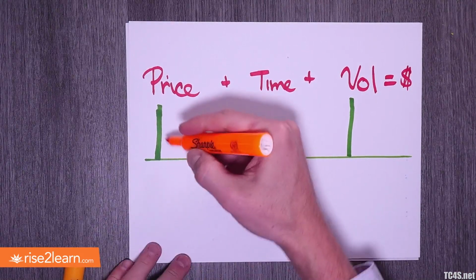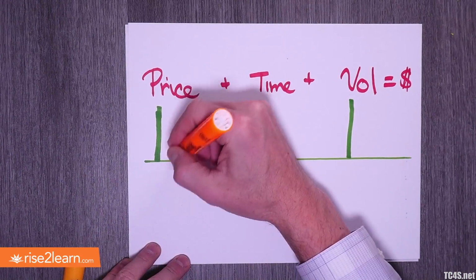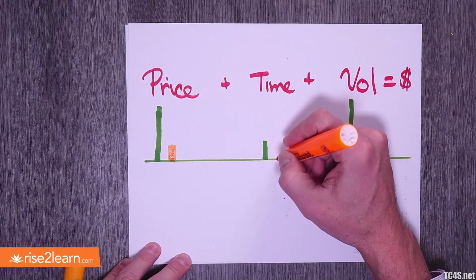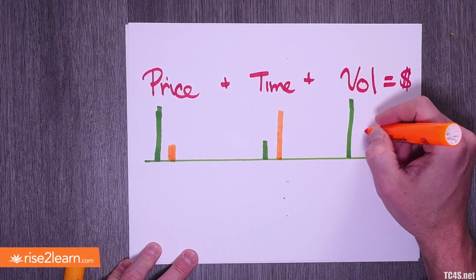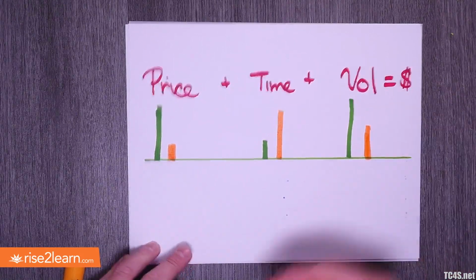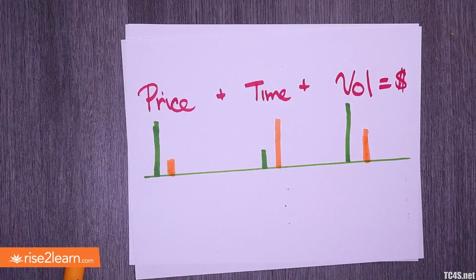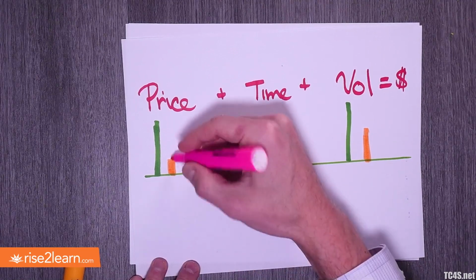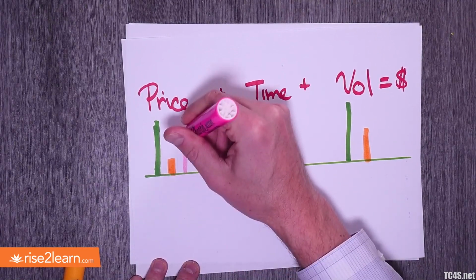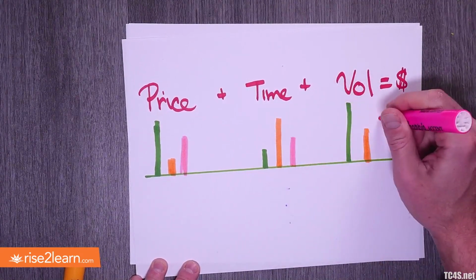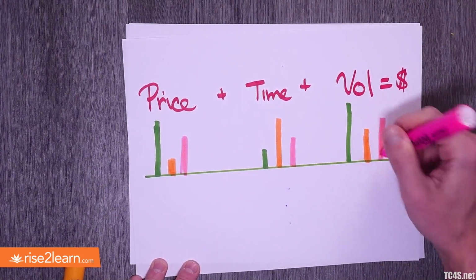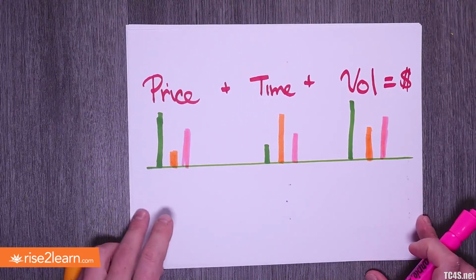Let's go to another one. Let's say another one has a very light delta, a really good time, and kind of so-so volatility. There's your other variation. Let's go to a different version. Maybe we've got a medium price, medium time, and a medium volatility. So they're all different types of trades.